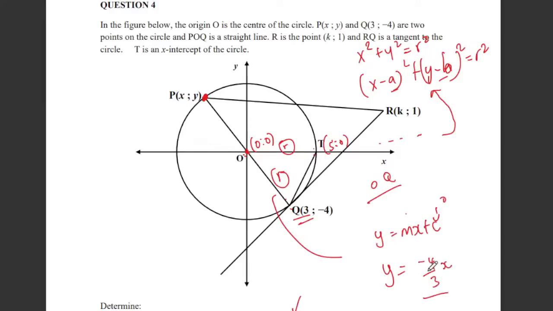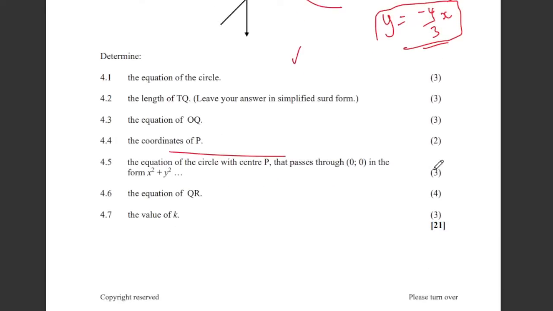This equation will be solved simultaneously with the equation of the circle. Where there is y, replace this, and then solve for x. You'll get two values, so it will form some sort of a quadratic. One of the values will be x, and the other value will be a negative value somewhere there. Get that negative value, substitute it into the equation of the line or the equation of the circle, and then get the y value.